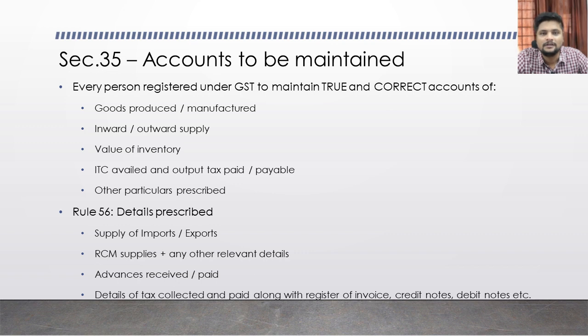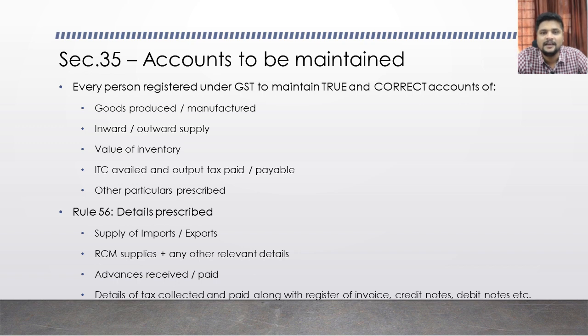What are the details to be maintained? First, any goods that are produced or manufactured by a registered person. If a taxpayer is a manufacturer, the details of goods manufactured during the tax period have to be maintained.